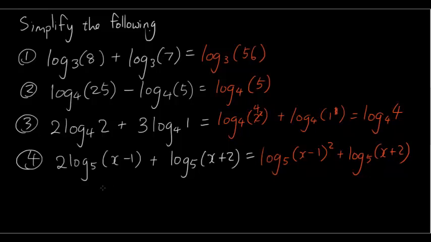And then that will simplify down to log base 5 of x minus 1 squared times x plus 2. And we're not going to simplify that, we're not going to expand it or anything, as long as you understand how to apply the log rules, that should be fine.